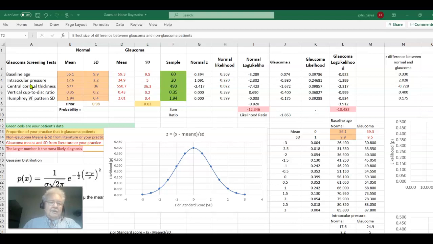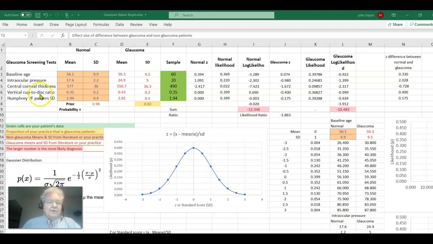Those drops tend to be a little expensive, and you have to take them forever, and they're not comfortable, and oftentimes you take them more than once a day. Another measure is central corneal thickness.